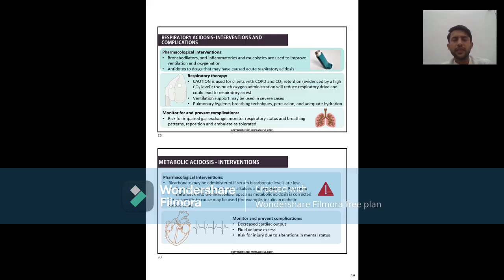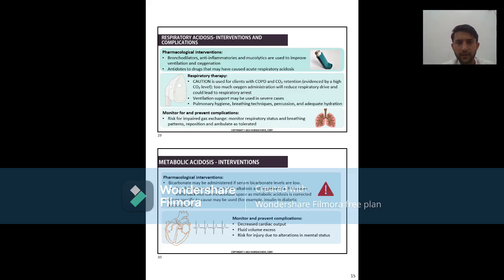Too much oxygen administration will reduce the respiratory drive and could lead to respiratory arrest. In COPD, we provide the patient a minimum flow of oxygen. Ventilatory support may be used in severe cases. Pulmonary hygiene is very important: breathing technique, percussion, and adequate hydration. Monitor to prevent complications.